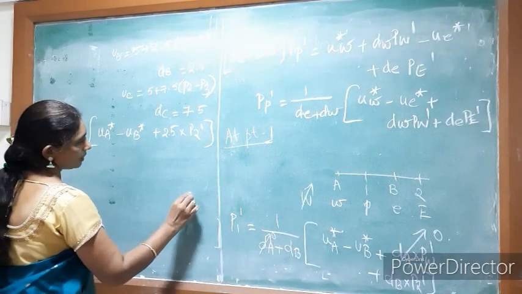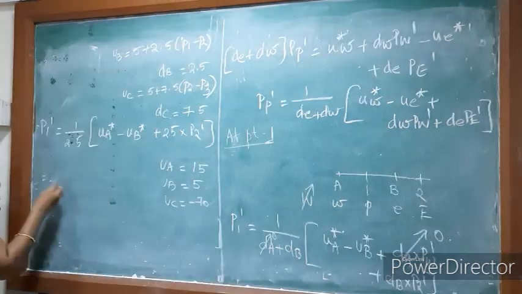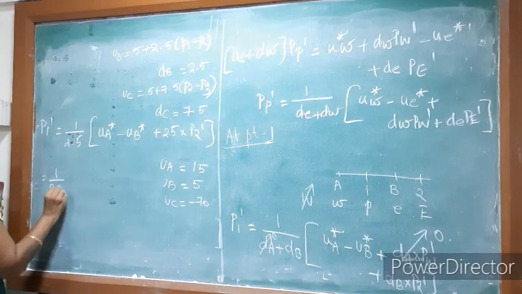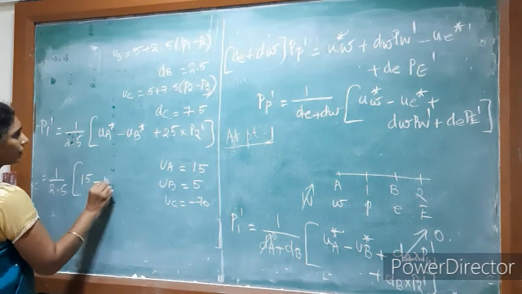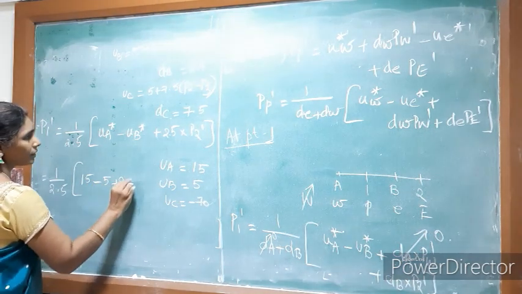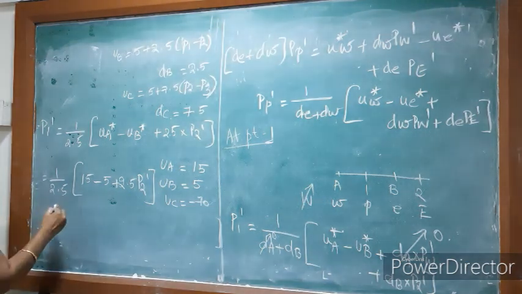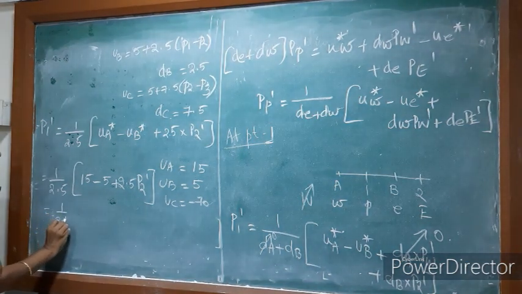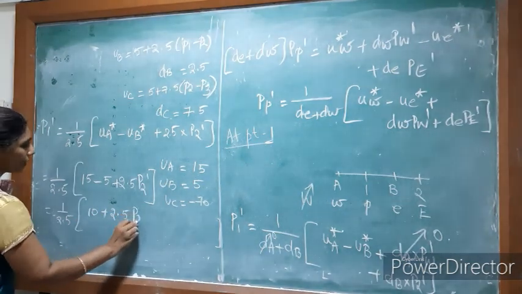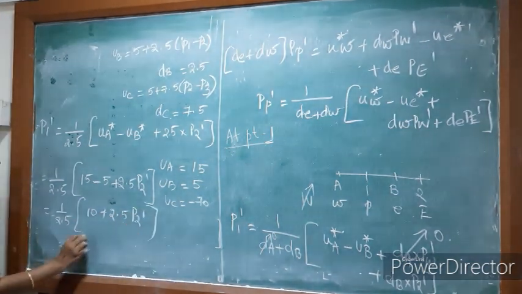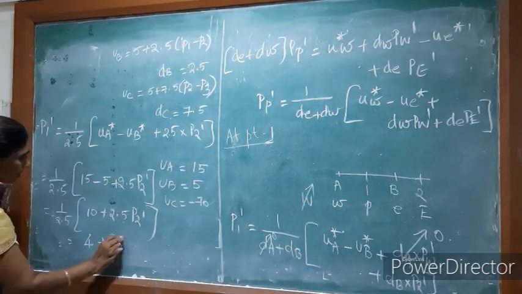So one was minus 70, I believe. UB was minus 70 values. So it is 1 by 2.5. UA dash is 15, and this is 5. This is UB. It is 5 plus 2.5 into P2 dash, right? So it is 1 by 2.5 into 10 plus 2.5 P2 dash. So that is 10 divided by 2.5, it's 4 plus P2 dash.